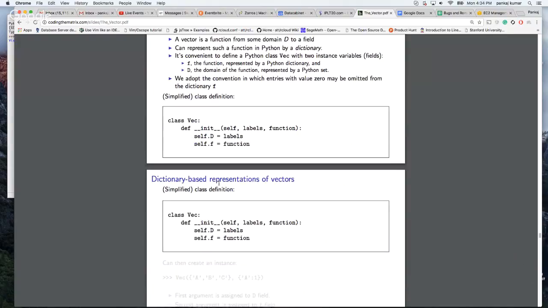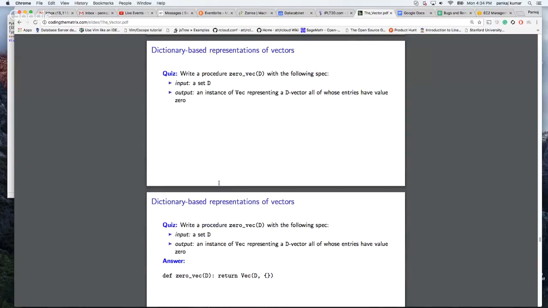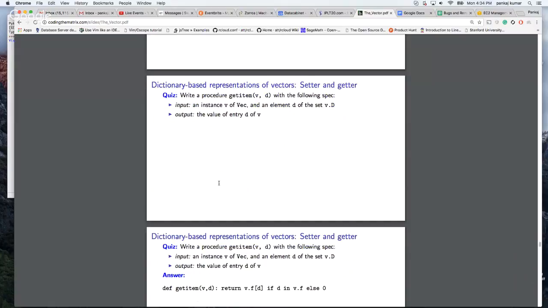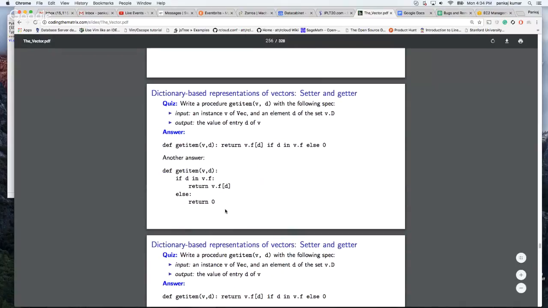And so that's what they go through in the implementation. You can see it in the Jupyter notebook. The setter and getter are defining all the different operations.